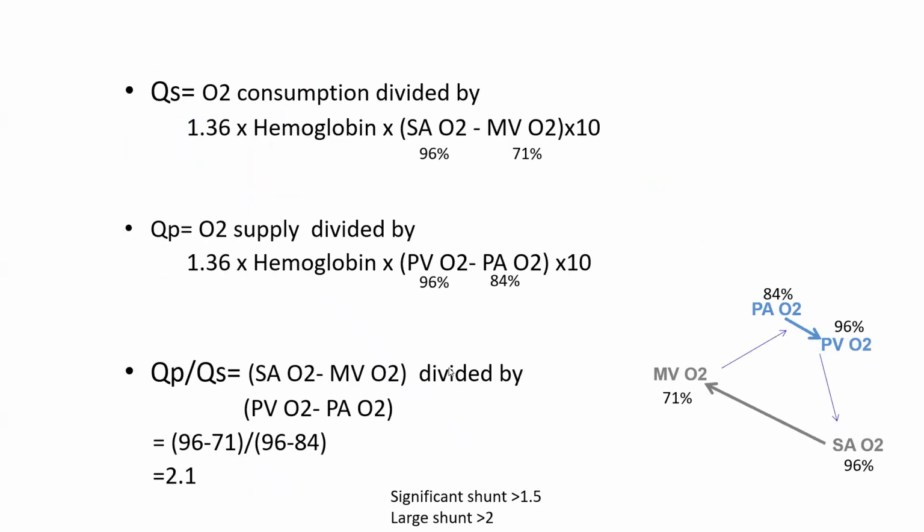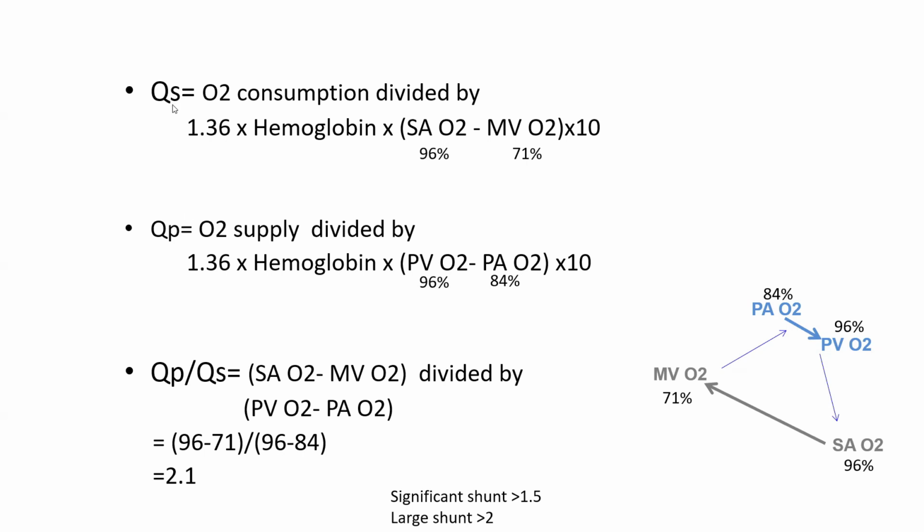Now, how to calculate QP and QS? It's very important. That's one of the most important calculations you need to know in hemodynamics. And you need to know how to calculate the absolute QP and QS. And you actually need to calculate the absolute QP and QS in every shunt case beside calculating the ratio.